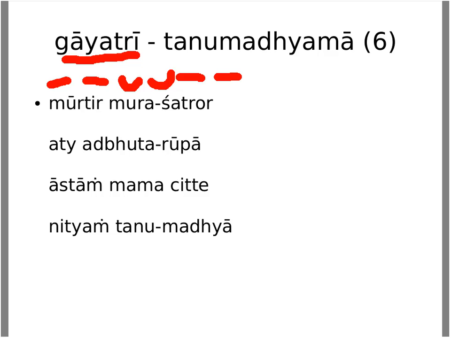So it's a very beautifully poetic expression, and it's expressed in this very beautiful meter. Murtihi means form. So murtihi, according to the rules of Sandhi, before ma becomes murtir. So it is a feminine noun.